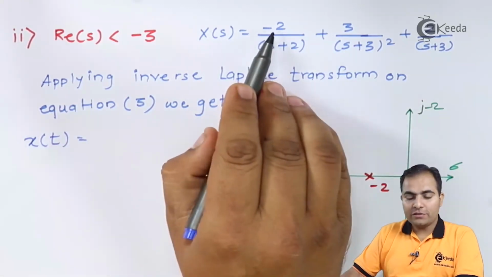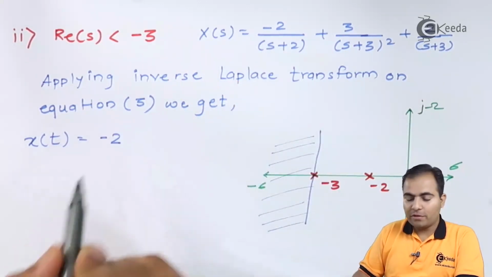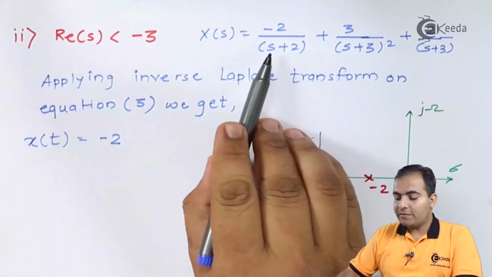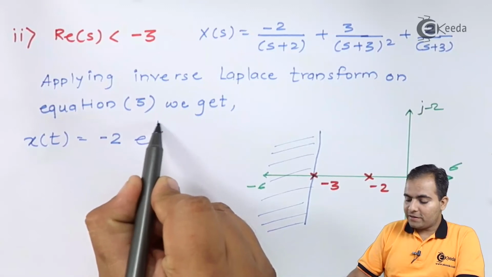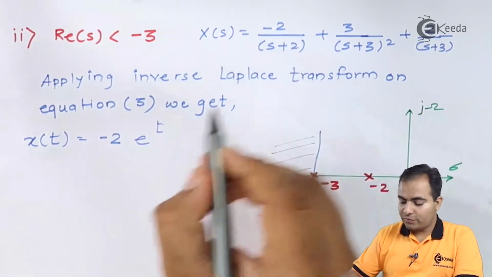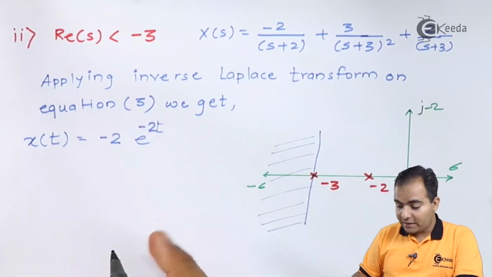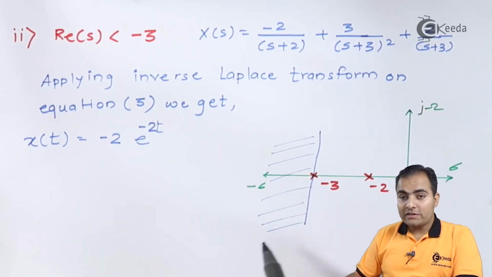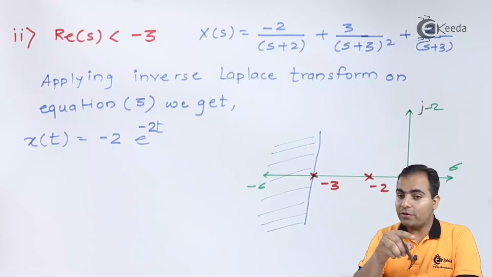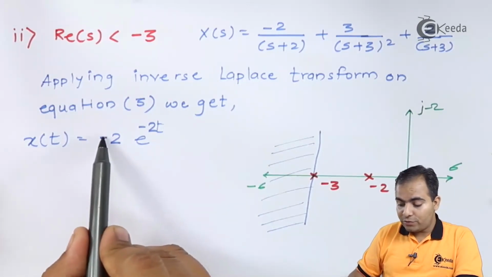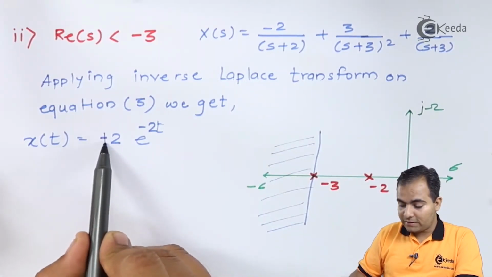Now, as this minus 2 is constant, I will take minus 2 common. And then again we have s plus 2. s plus 2 means what? First of all, I will multiply this t value by the opposite sign value of plus 2, which is e to the power minus 2t. And then as this ROC is left-sided, the inverse Laplace transform of 1 by s is minus u of minus t. So minus u, and this minus sign becomes plus.